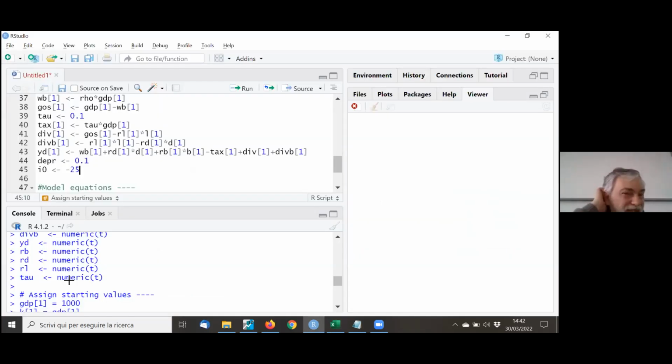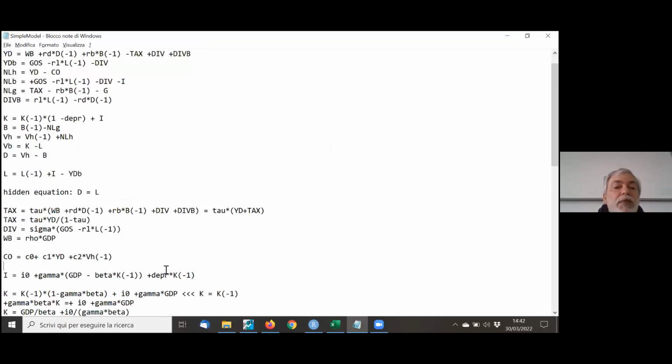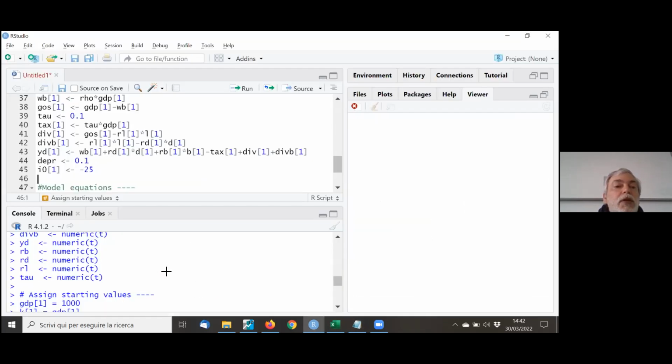Yes. But if you write like that, you don't have to create the placeholder, because what you're doing now is rewriting the object. Oh yes, I wanted to do I0 equal to minus 25. Then we had other parameters, gamma and beta, and this should not change.